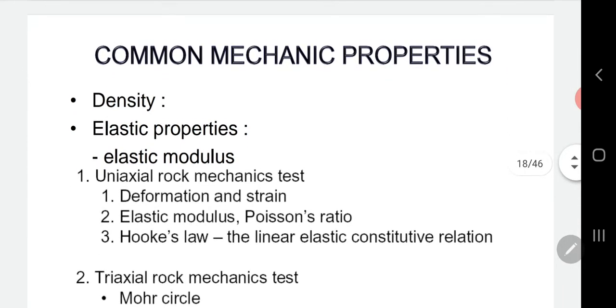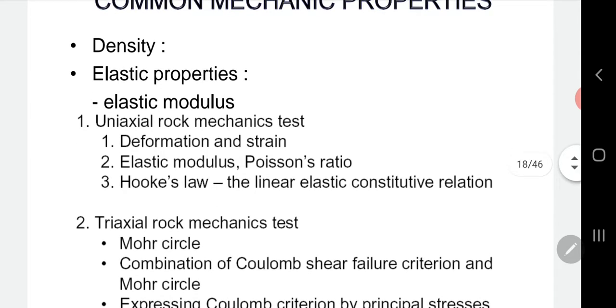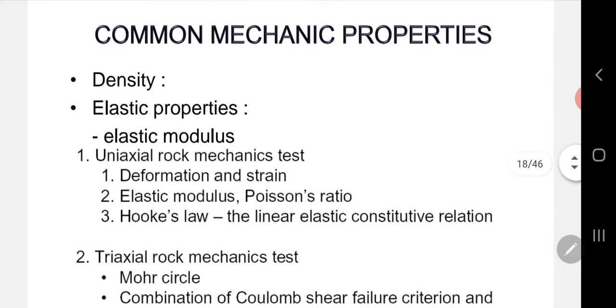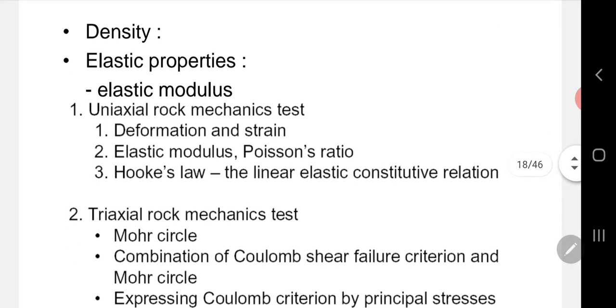Okay, these are the common mechanic properties. We have a lot more properties that we can discuss, but in this segment what you need to know is all of these common mechanic properties. We have done the discussion about density. Density basically is mass over volume of your specimen.